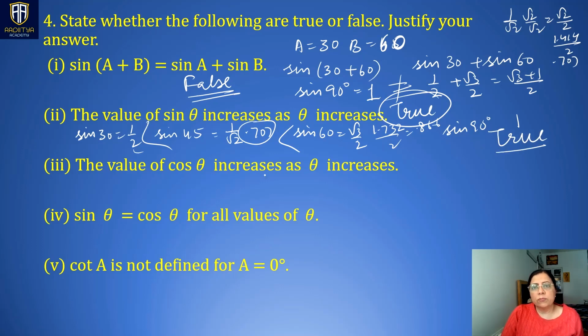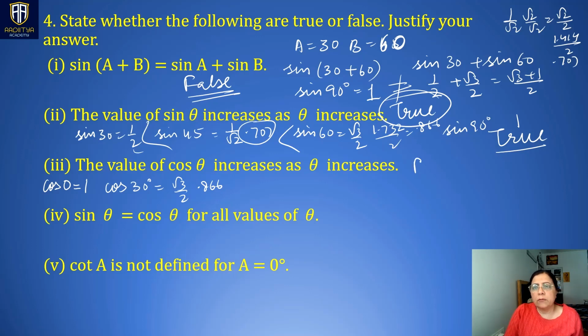Third is: the value of cos theta increases as theta increases. Now let's see. Cos 0 is 1, right? And if we go for cos 30, it is root 3 by 2, known as 0.866. Now we can see that this is decreasing.